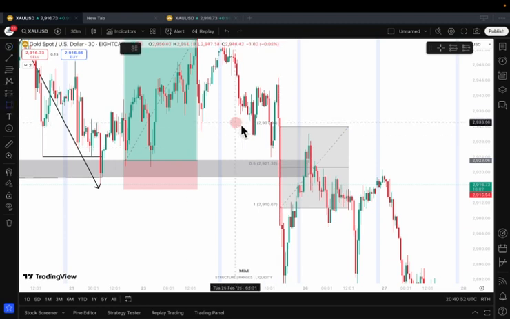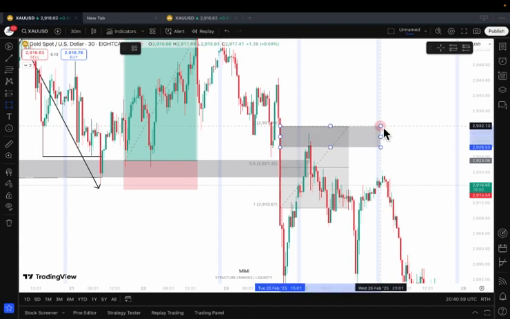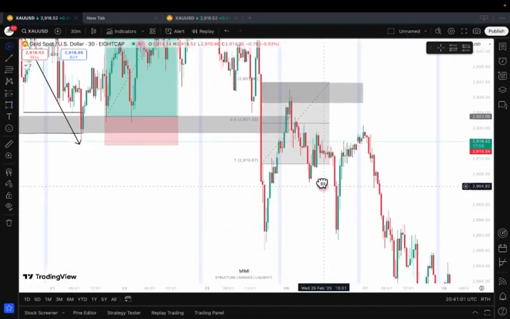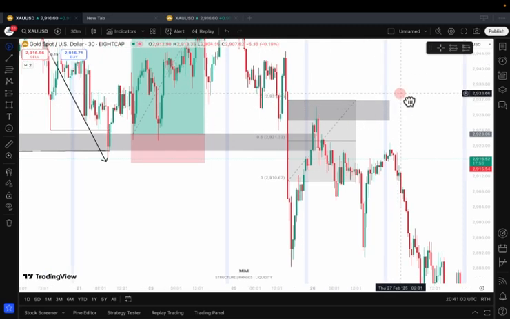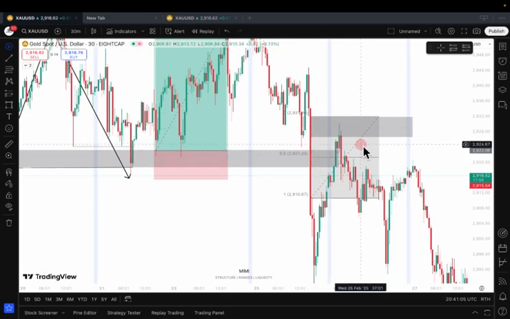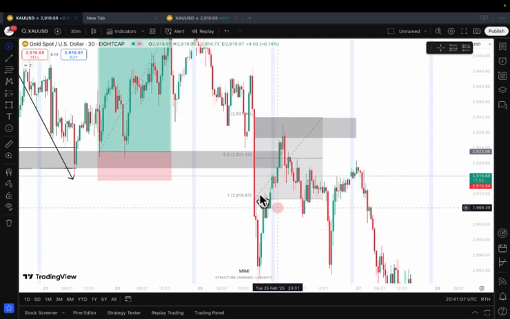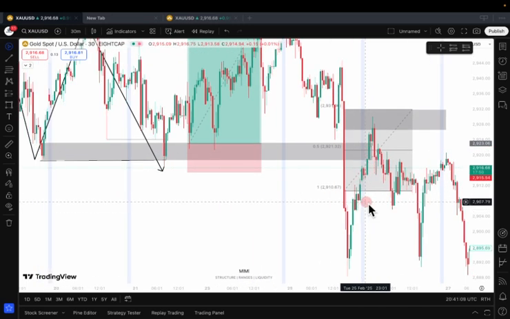That place you can manage it, but fear of missed entry will make people want to take it. I'm not even sure anybody can take this fully. But what actually worked here was the mitigation block, and the breaker block failed.